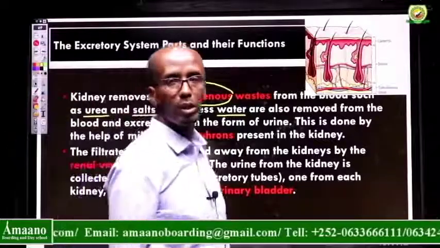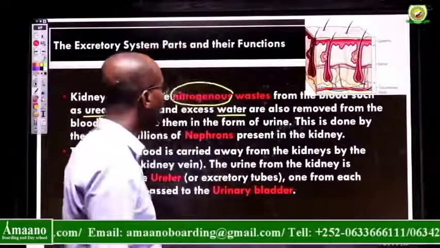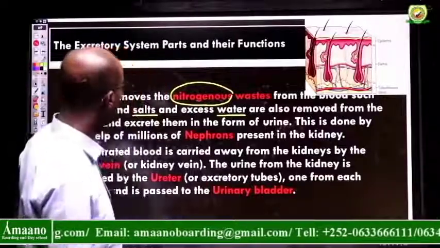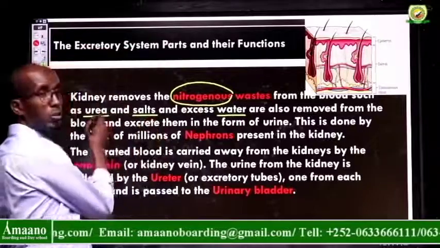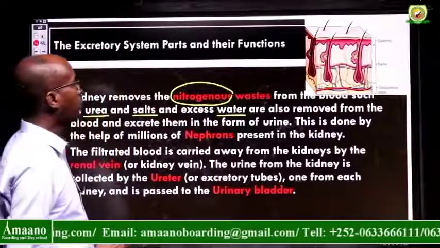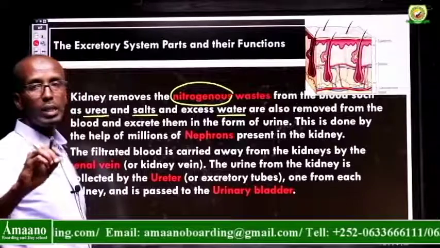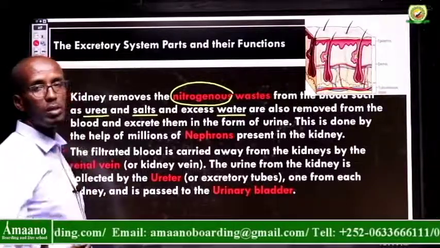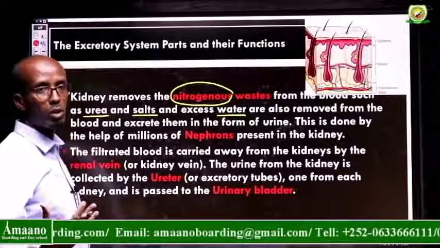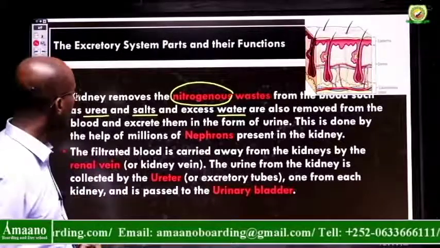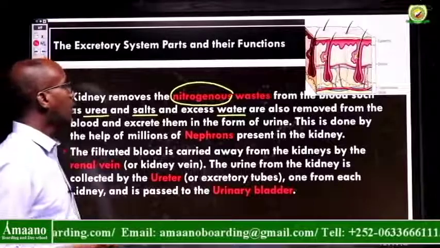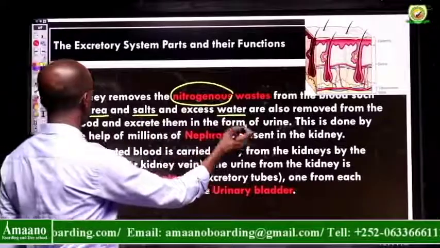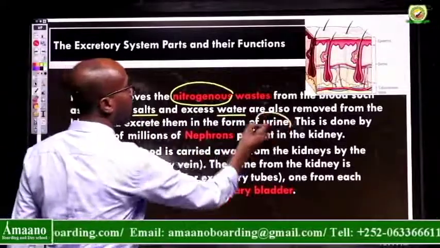It is usually a byproduct of proteins, like urea. If you are asked what a nitrogenous waste is, you can simply say it is a waste produced by the body which contains nitrogen. These are removed by the kidney in the form of urine.